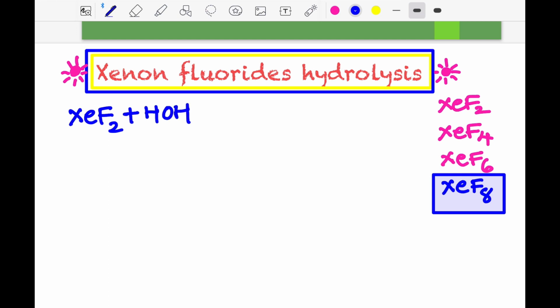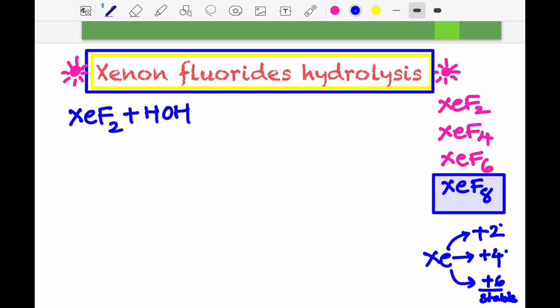Before going into this, we'll see xenon has got 3 types of oxidation numbers. One is +2, one is +4, one is +6. So out of these 3, +6 is considered to be stable and +2 is unstable. Even the +4 is also unstable.